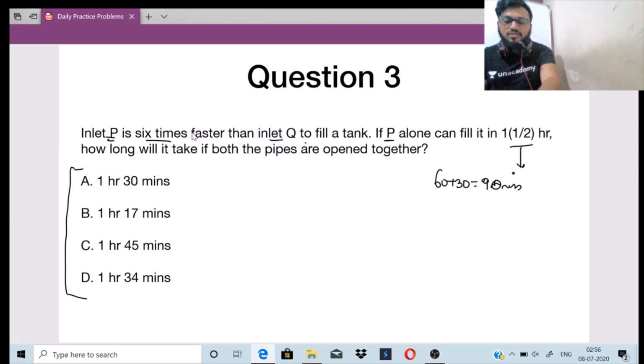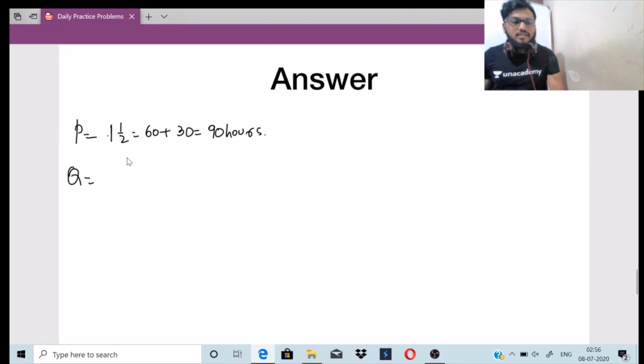Inlet P into 6 will give us inlet Q, right? That means inlet Q is nothing but 6 into inlet P. So 6 into 90, 6 nines are 54. So this will be 540 minutes.